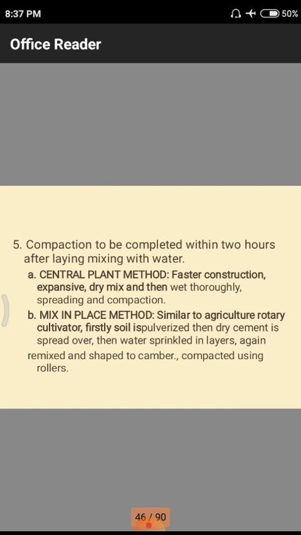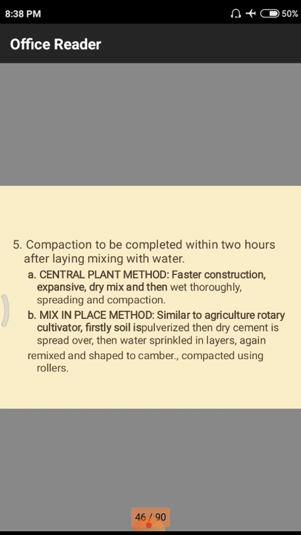Because it is a faster construction, we do the spreading of the expansive dry mix, then wet it thoroughly, then spread and compact, step by step in an easy manner without consuming any extra time. We take the material and spread it, then go for consolidation. We take the materials as a dry mix only, because if we add water, the cement will set easily, especially if the distance between the RMC plant and our site is very small. So we do not add water at the site itself, but add water afterwards.